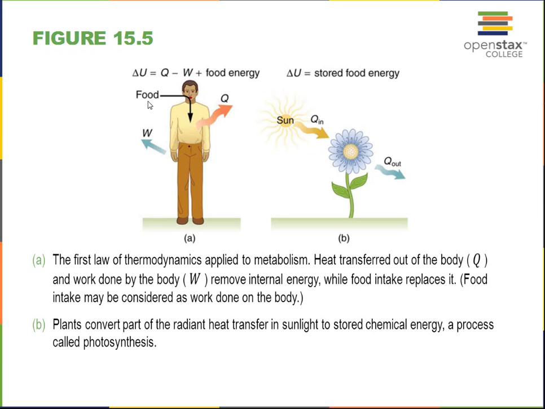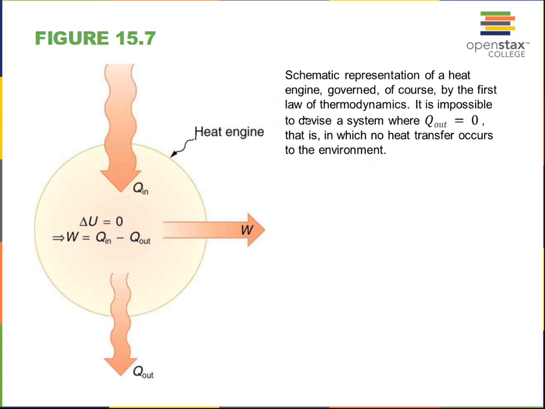It's not labeled Q, but food energy helps us maintain our body temperature above the temperature of the environment, and we're able to do work because this food gives us a resupply of our energy. And plants absorb sunlight, that's a Q going in. They have Q going out in the processes that they undergo. We're not going to talk about either humans or plants, but thermodynamics can be applied.